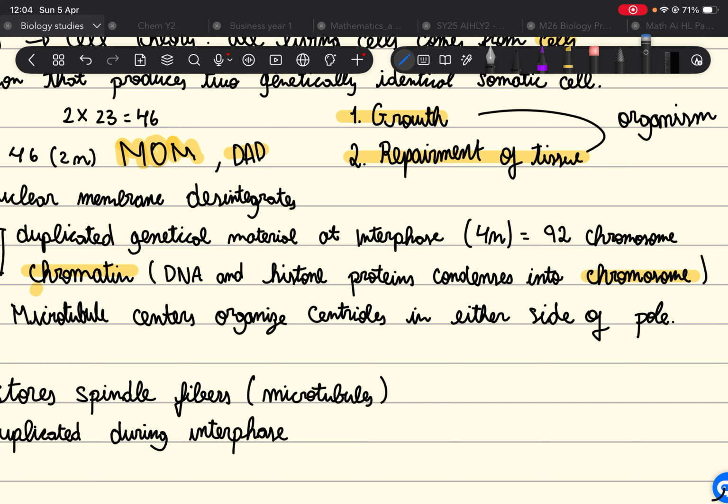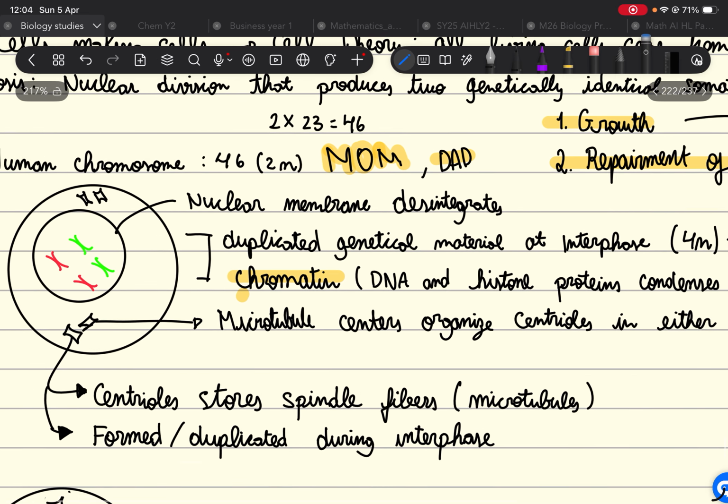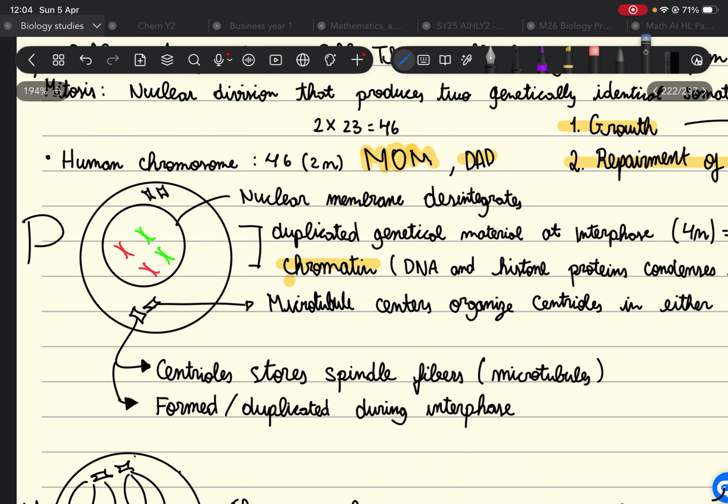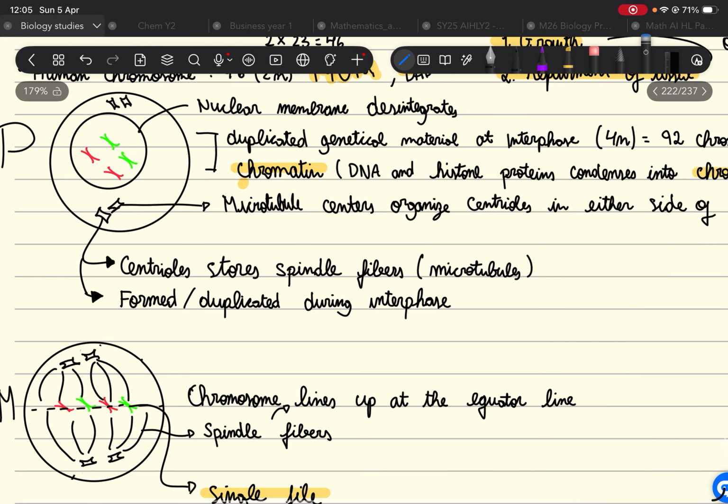Then we have the microtubules, which is going to organize the centrioles, which was that organelle that will help pull this chromosome apart into sister chromatids. So we have centrioles that store the spindle fibers, and they're duplicated during interphase.